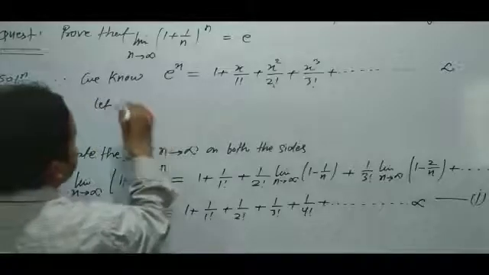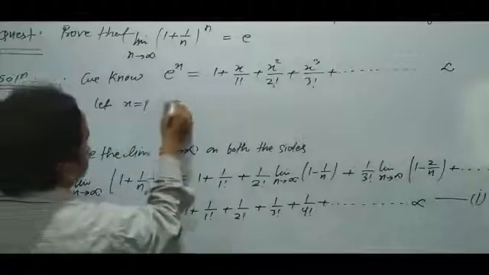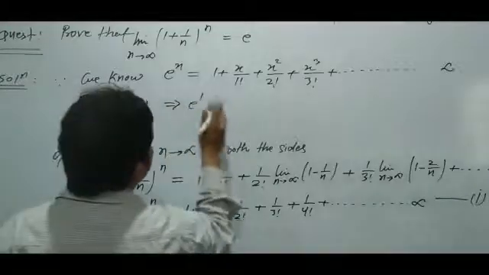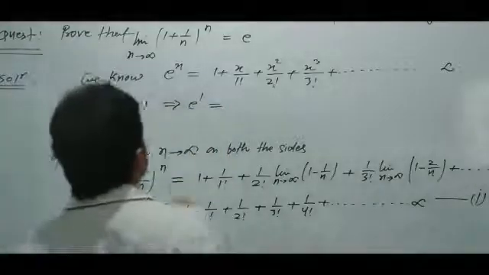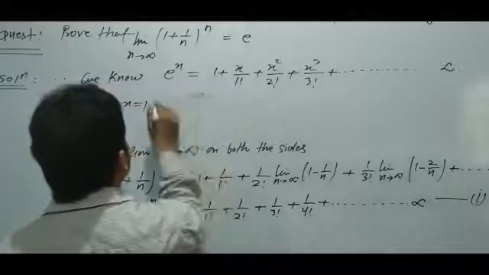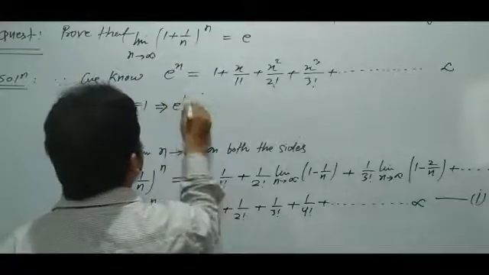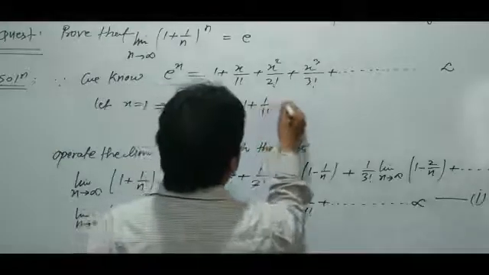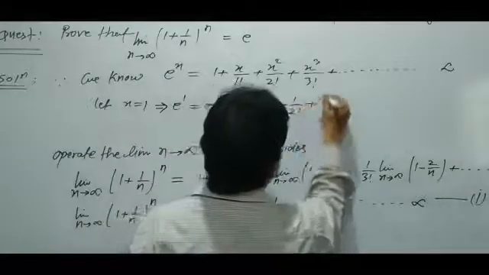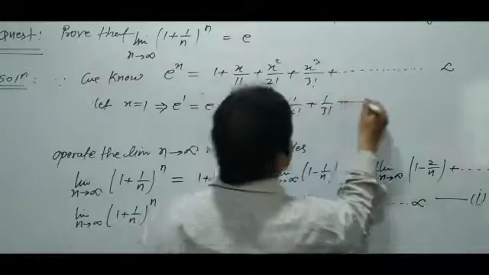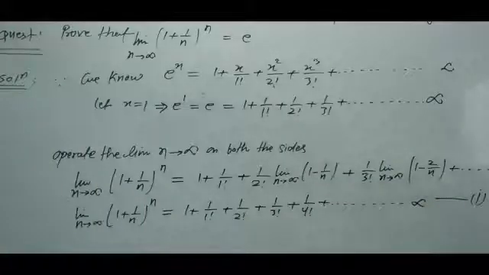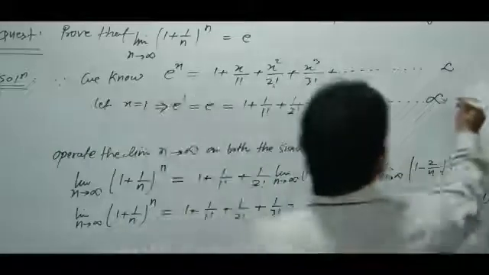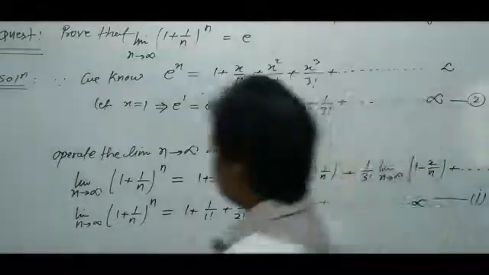Let x is equal to 1. This implies e to the power 1 is 1 plus 1 upon factorial 1 plus 1 upon factorial 2 plus up to infinity. This is the value of e. Now we can consider this is equation 2.